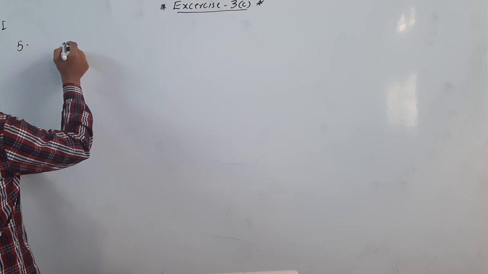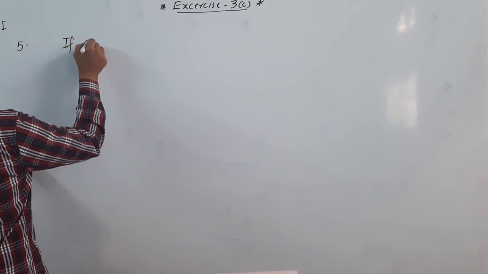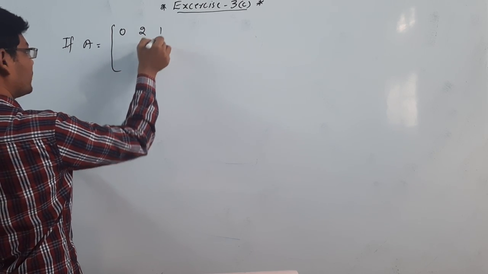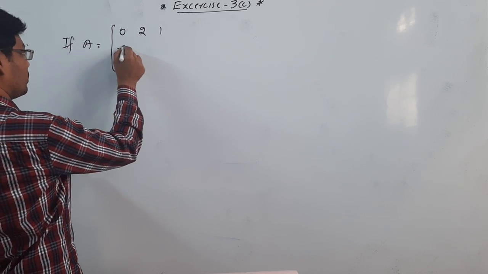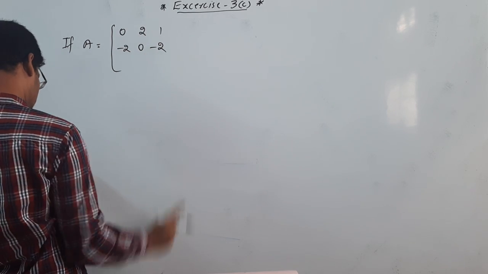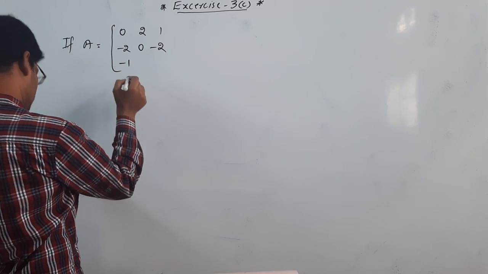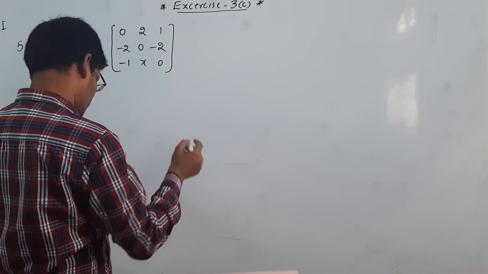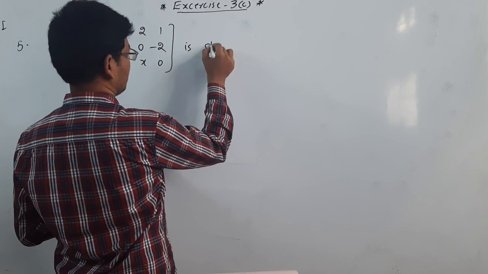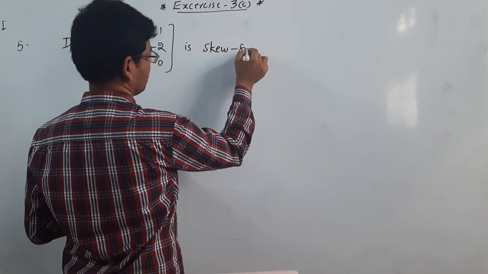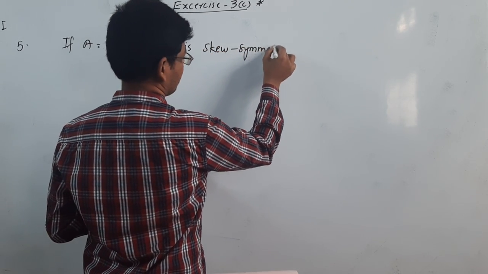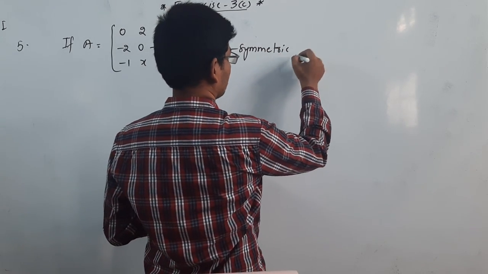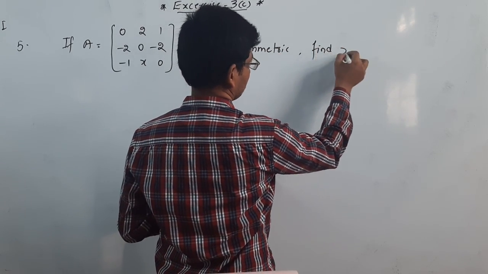The fifth question in the first bit. If A is equal to 0 2 1, minus 2 0 minus 2, minus 1 x 0 is a skew symmetric matrix, then find x.